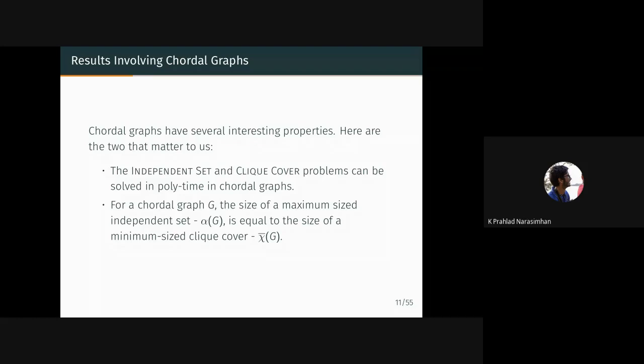For a chordal graph, it's not an inequality; it's an equality. That's what our forefathers have told us. It's actually not very old. This result is from the 1970s, I think.